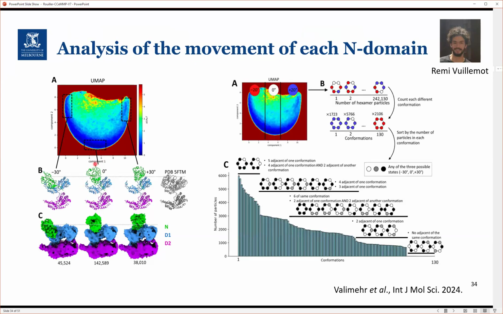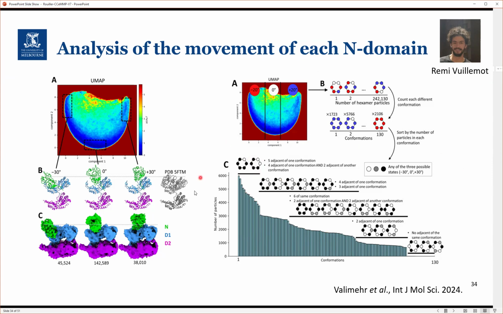And then with this data, we could understand if the motion of the N domain was coordinated in some way. We split this map into 3 categories: anything smaller than minus 20, anything from minus 20 to plus 20, and plus 20 degrees or higher. And then we could get a histogram of the different conformations.